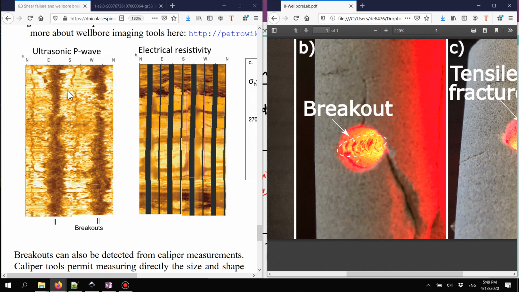This is what is called an unwrapped image of a wellbore, because the wrapped image will go from the north, east, south, and west and north again. And if you were to open this into a plane, that's what we see over here.